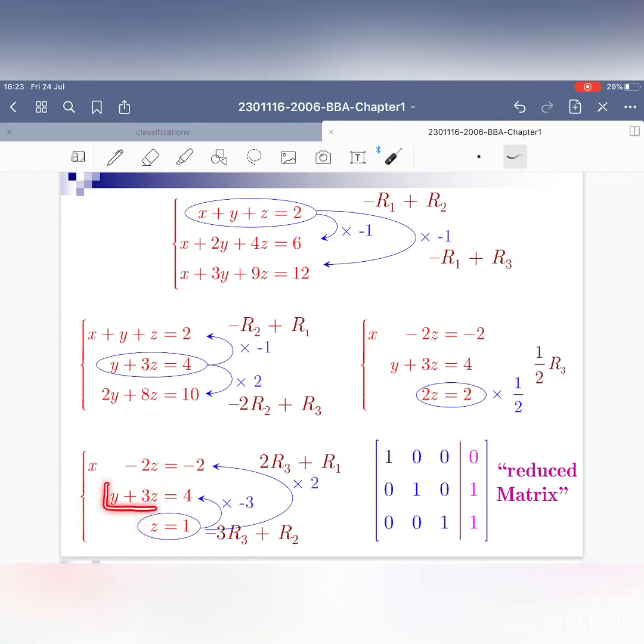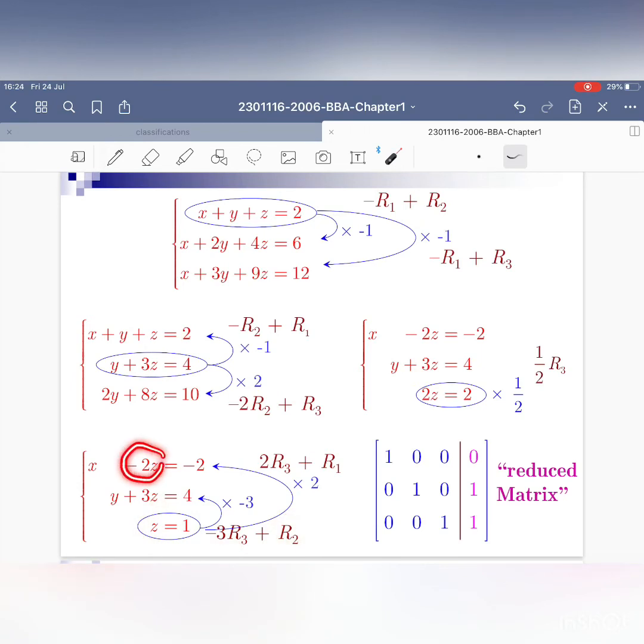It means that you actually change your second row by eliminating the z in your second row. How to eliminate? You use your second row subtracted by 3 times your third row, so that the 3z is eliminated.